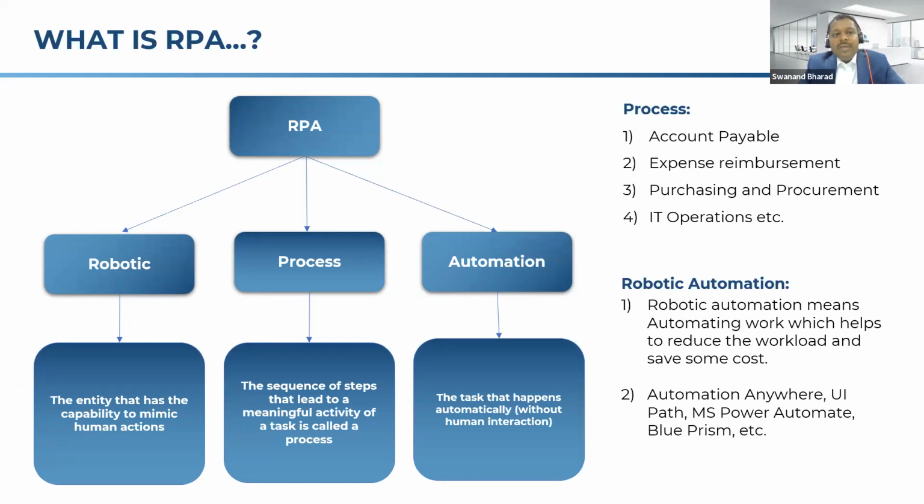There are multiple RPA tools in the market. We can automate each and every process using multiple programming languages too. But when we develop or automate any application using programming languages, it's a time-taking process. So RPA tools are very helpful to automate business processes. That's why we are discussing the RPA tools here.